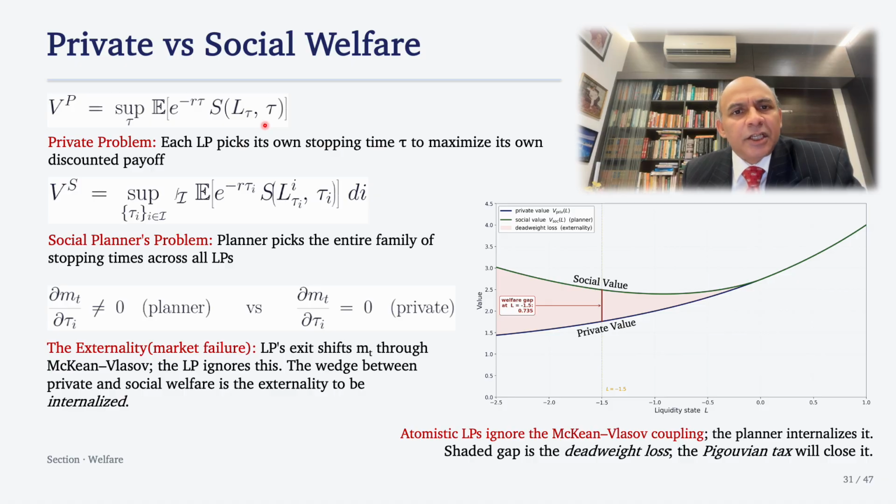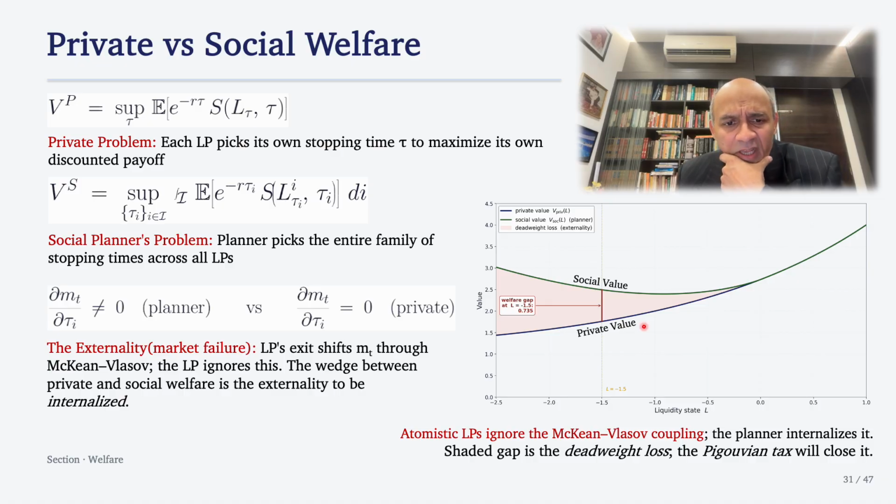And that should be subject to the joint McKean-Vlasov dynamics. The planner internalizes the McKean-Vlasov coupling, and dm/dtau is not 0 as far as the planner is concerned, but it is 0 as far as the private individual or private institutional investor is concerned. So LPs ignore this externality, but the planner does not.